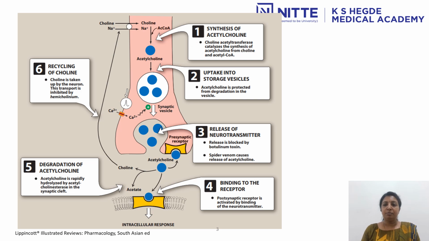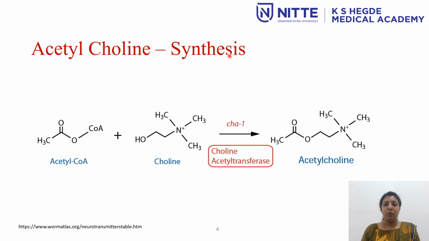Acetylcholine is synthesized using choline and acetyl coenzyme A with the help of the enzyme choline acetyl transferase. It is synthesized by the acetylation of choline, and this step is catalyzed by choline acetyl transferase.